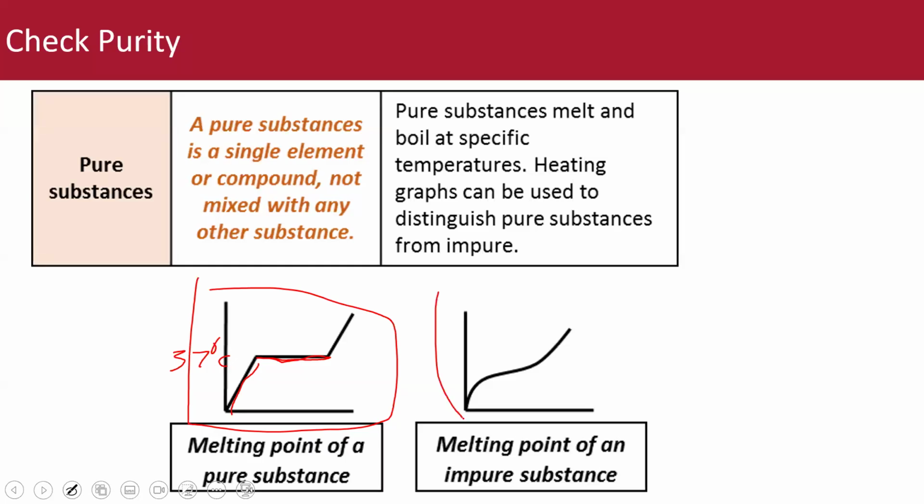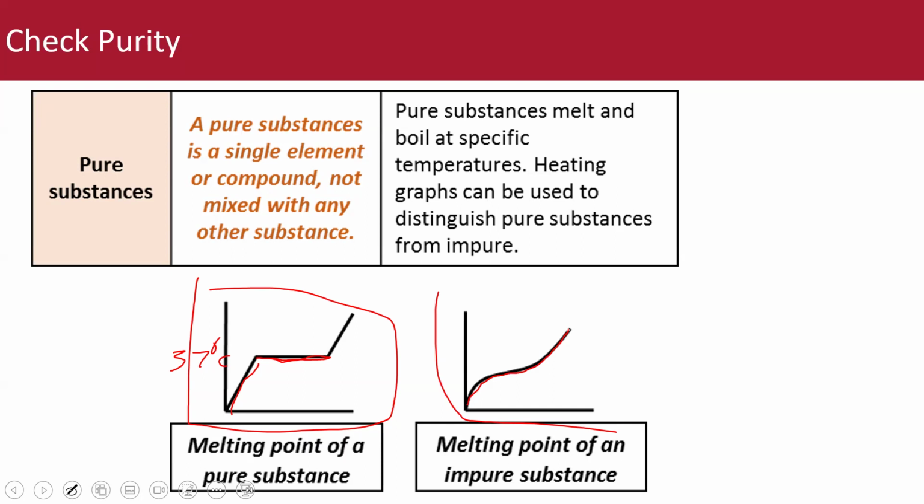If you get a graph like this one on the right, that is a curved graph, and because it's curved, it means there are loads of other different substances in it. It doesn't melt at the same temperature because the impurities don't allow it to all melt at the same temperature.